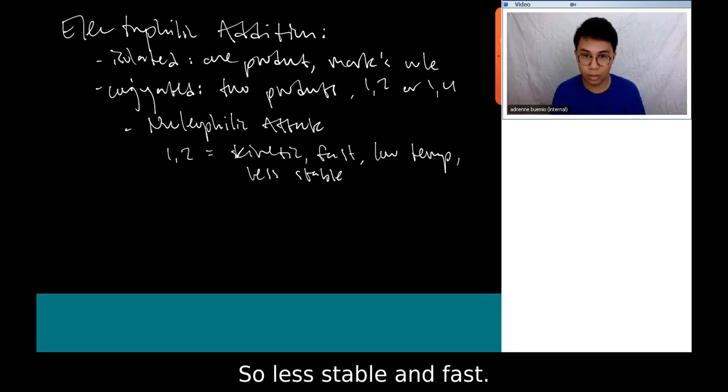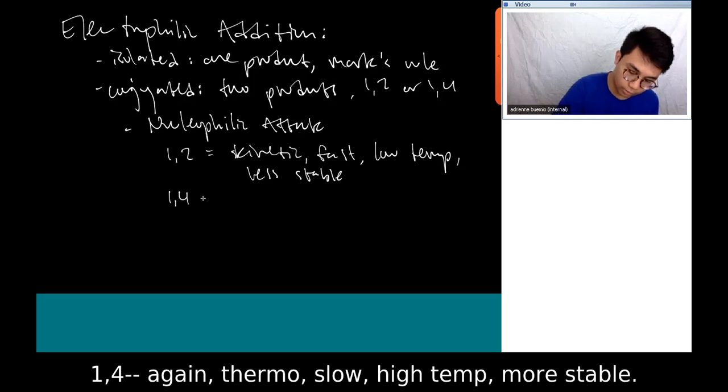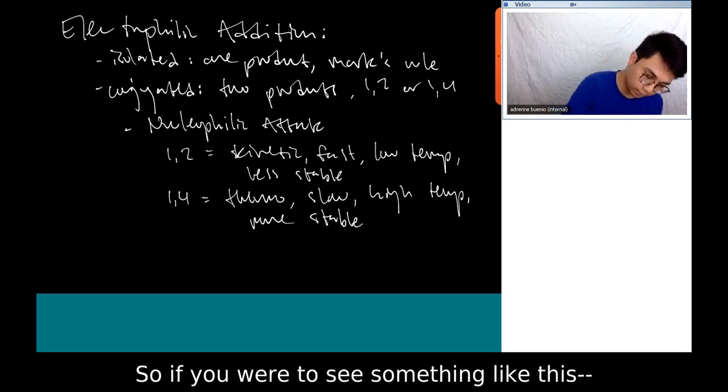So less stable and fast. Let's do an energy diagram later. 1,4 is the thermodynamic product: slow, high temperature, more stable.